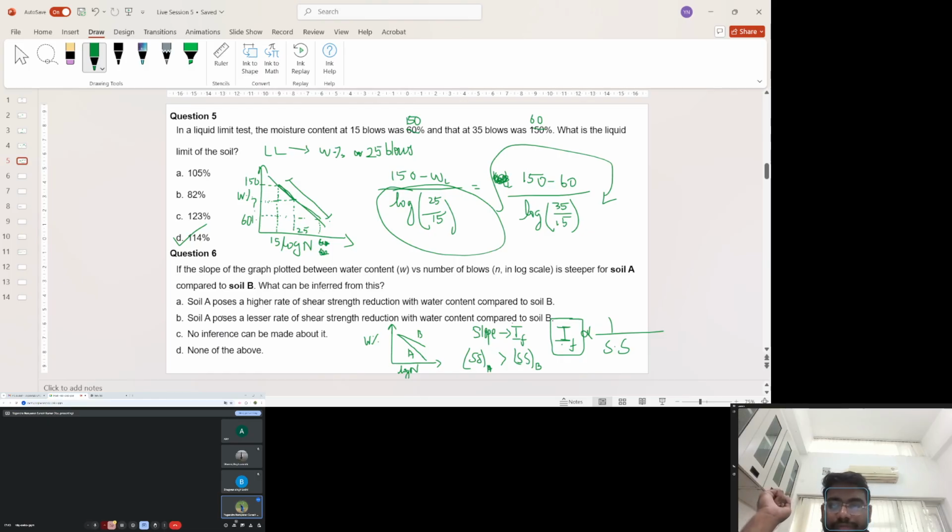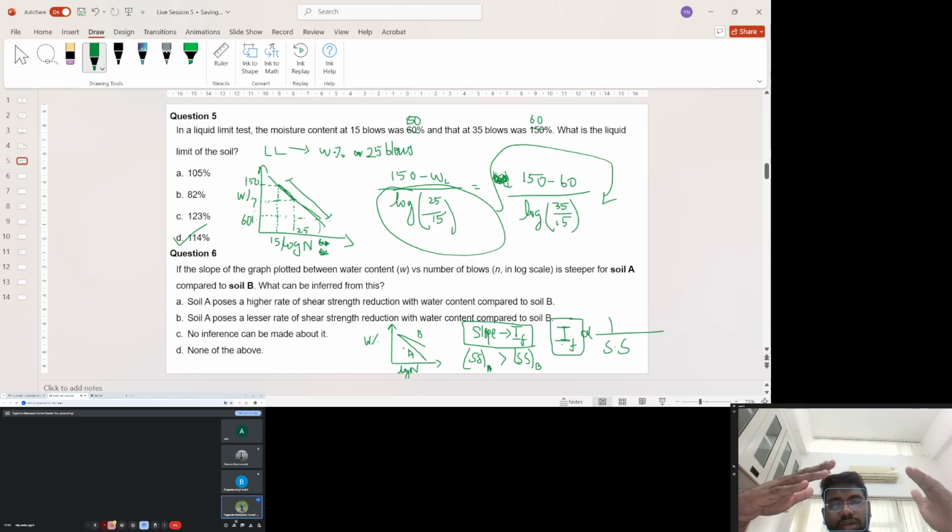So now what they are mentioning is the rate of shear strength reduction itself, which cannot be found out from the value of flow index. The slope of this curve gives the flow index, and it cannot be directly compared.